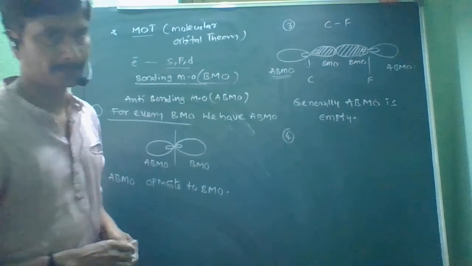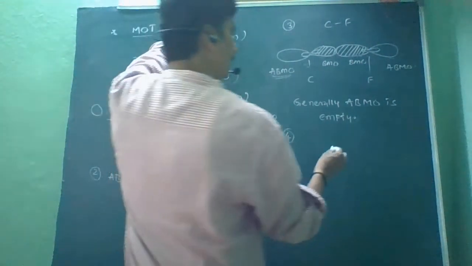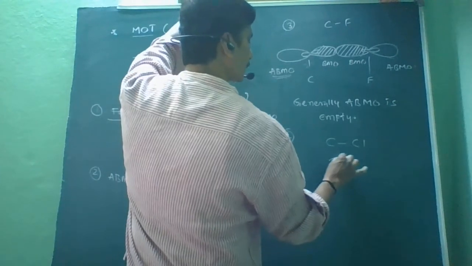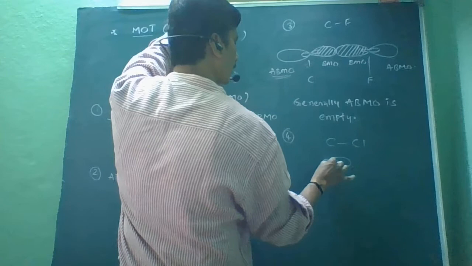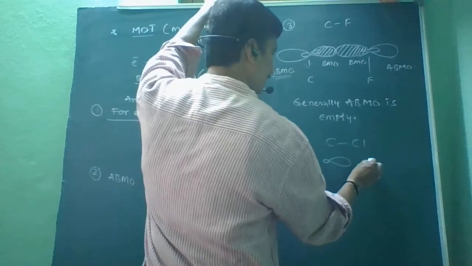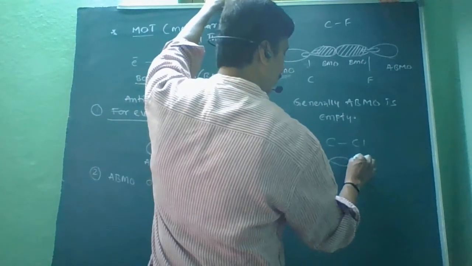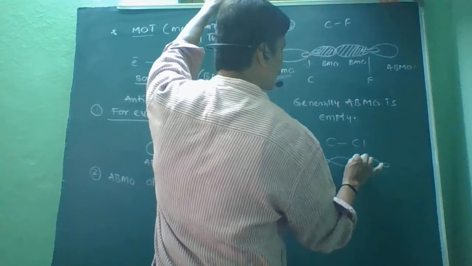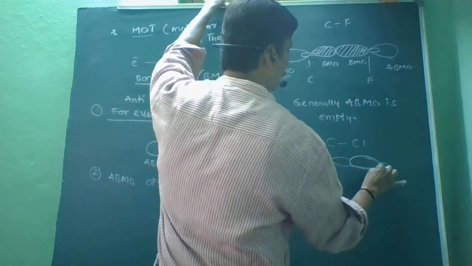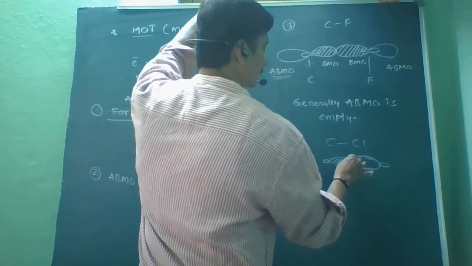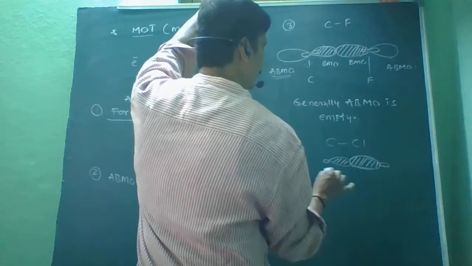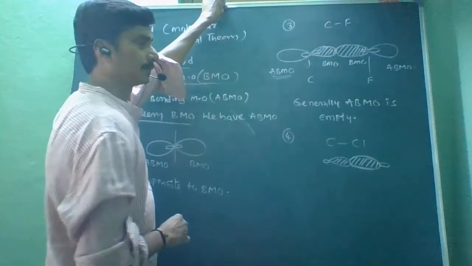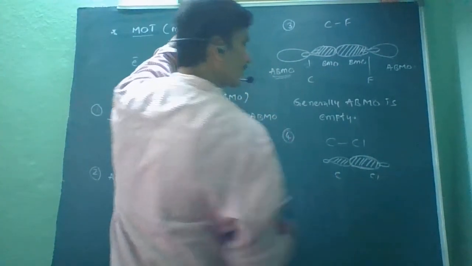Fourth one. If you look at this carbon and chlorine bond, it is the carbon bonding orbital, whereas this is the chlorine bonding orbital, and compared with carbon, the size of the bonding molecular orbital of chlorine is larger.